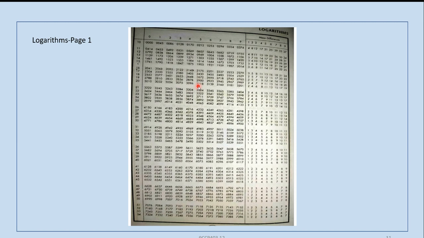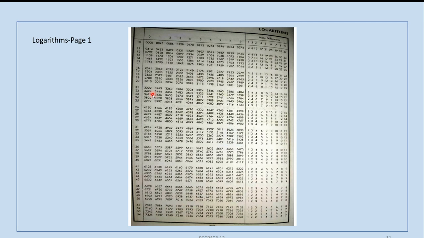For example, if I want to see the logarithm of a given number, that is 3589, I will show you the method of calculating the logarithm of 3589.